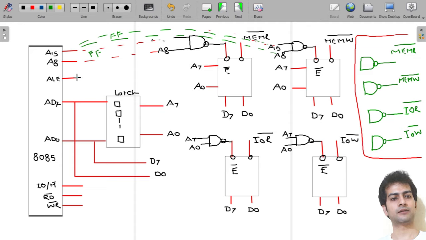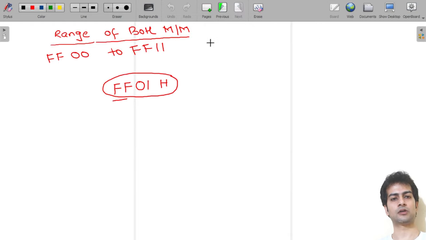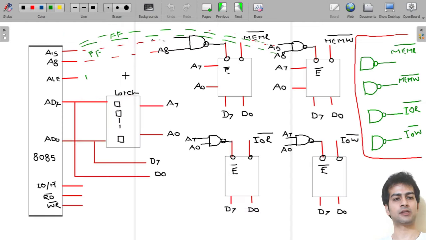Fine. Then simultaneously ALE will be energized, that is, it will be 1. So my lower bits, which were earlier stored here, will come at A7 to A0.